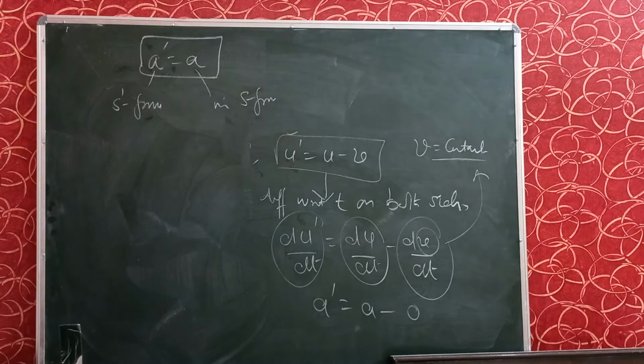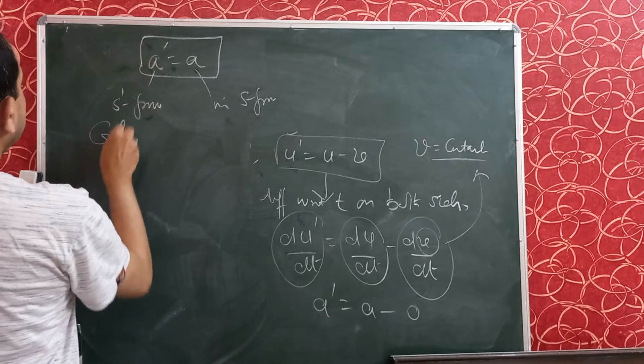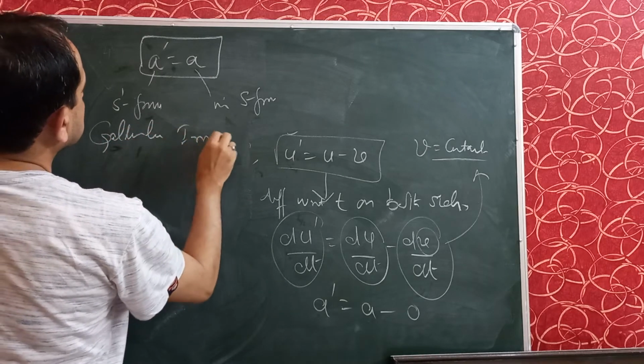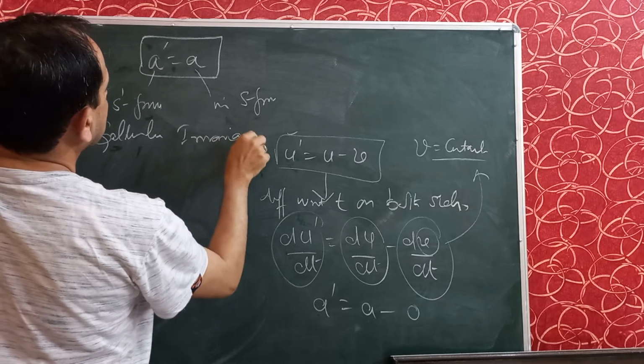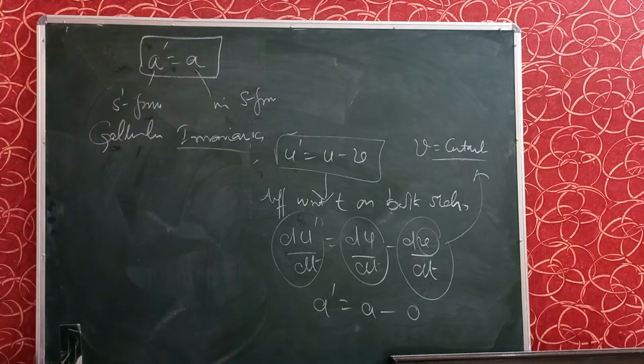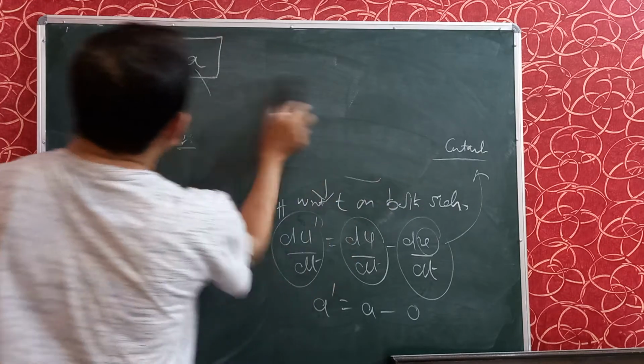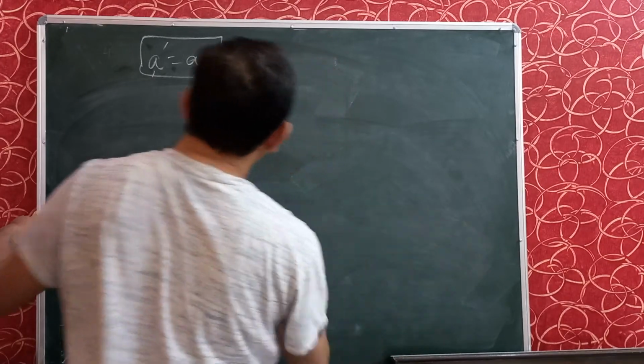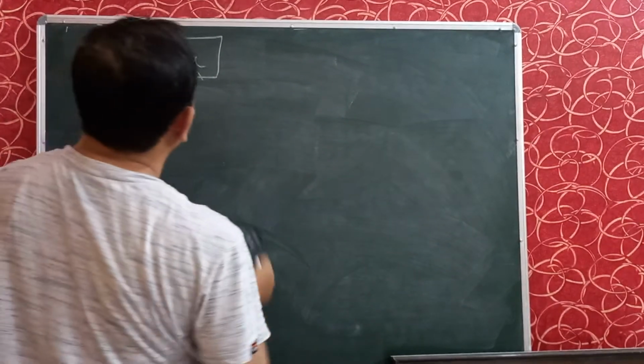So when the parameter is the same, it is called Galilean invariance. It does not vary under the Galilean transformation equations. So the equation for acceleration is a dash is equal to a, that is Galilean invariance.